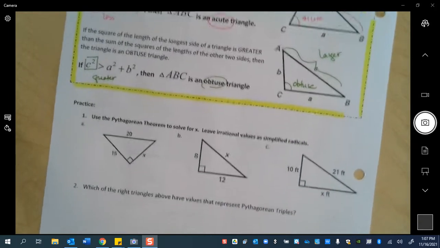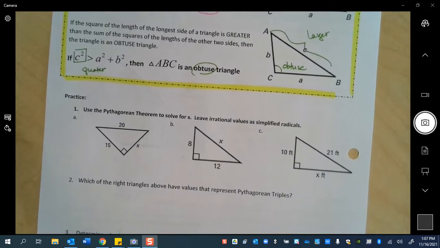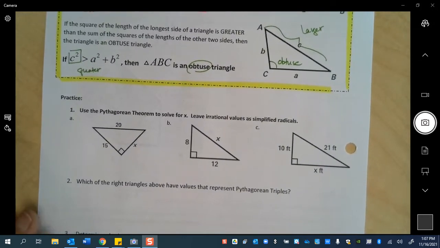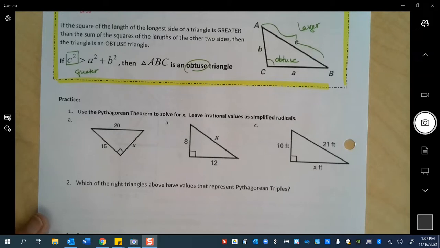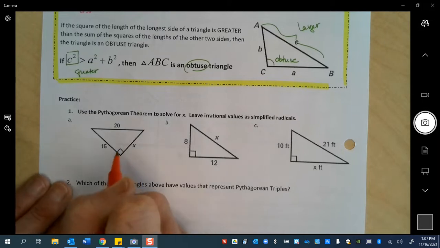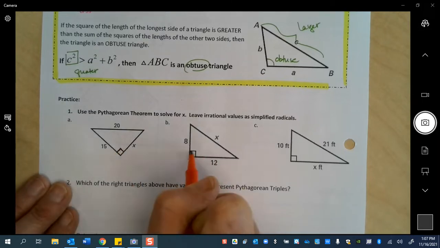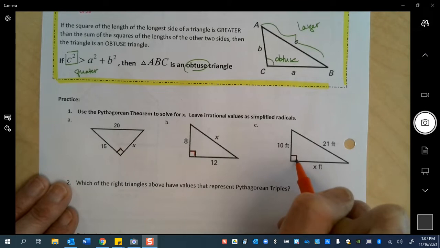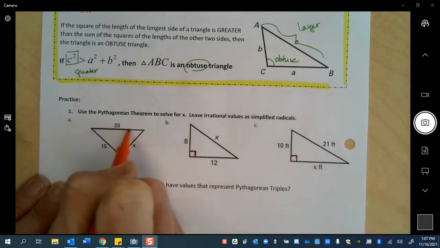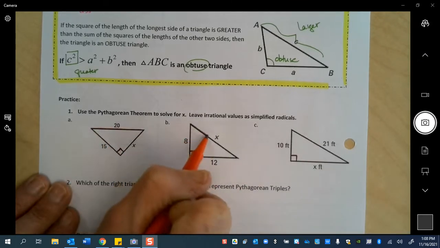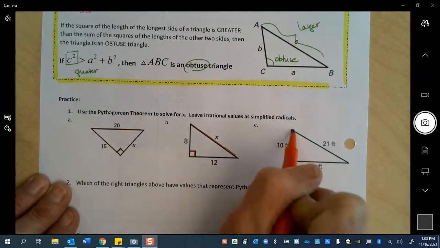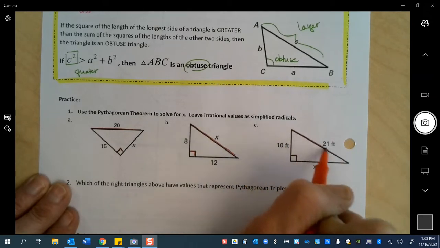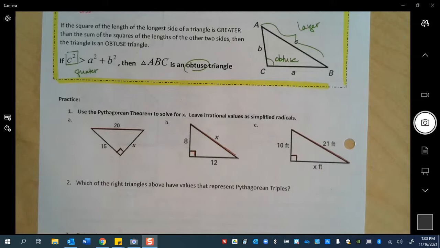All right, so let's check it out. For number 1, a, b, and c, I need you to solve for x. Sometimes x is a leg, and sometimes it's a hypotenuse. So it'll do you good if you take the time to find your right angle in each triangle, and then find which triangle side is your hypotenuse.